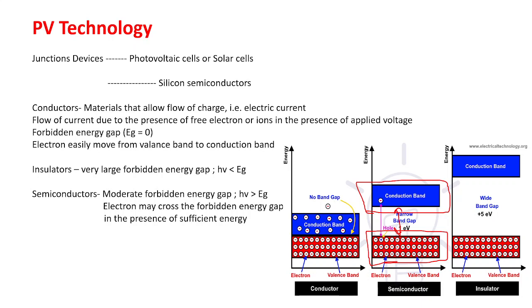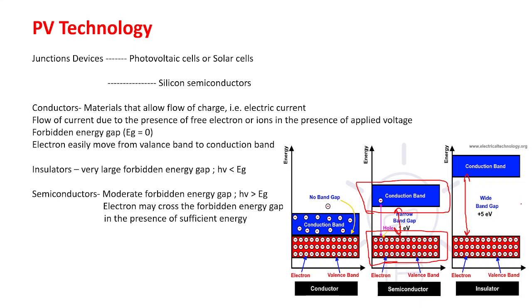But in the case of an insulator, the forbidden energy gap, or forbidden energy band, is quite a bit higher than in semiconductors. So in this case, we need a very high external force to flow the electrons from the valence band to the conduction band.